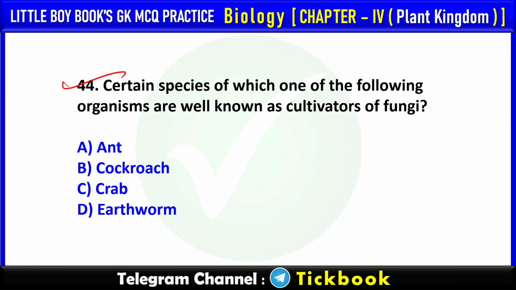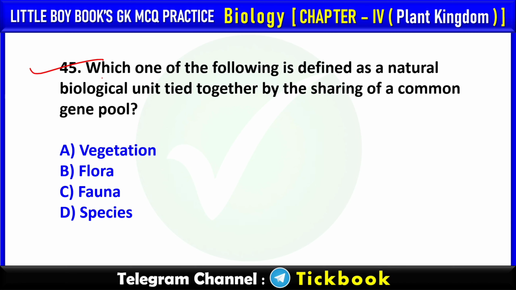44. Certain species of which one of the following organisms are well known as cultivators of fungi? Option number A, ant is the right answer. 45. Which one of the following is defined as a natural biological unit tied together by a sharing of a common gene pool?